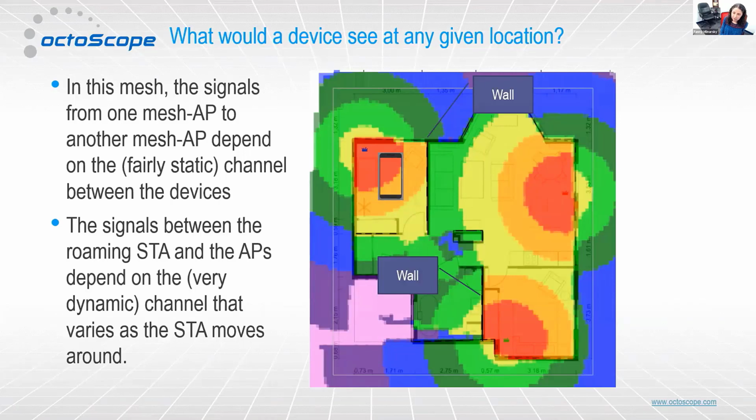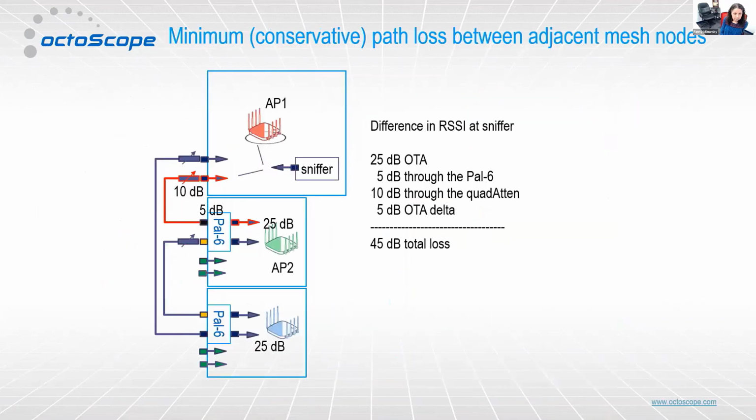How is it 45? Okay, so in this example we computed the delta. Because we have one sniffer and the sniffer sniffs all the APs from its own perspective, we computed the delta that we expect the sniffer to see.